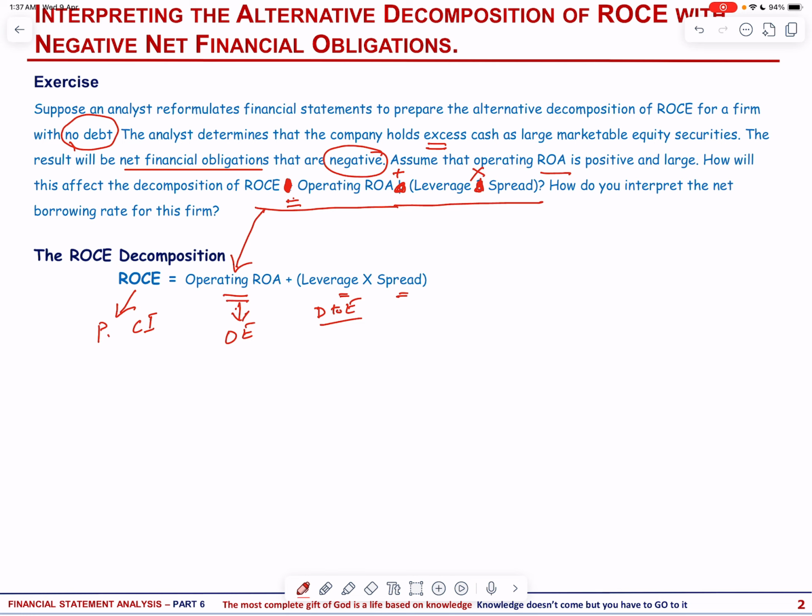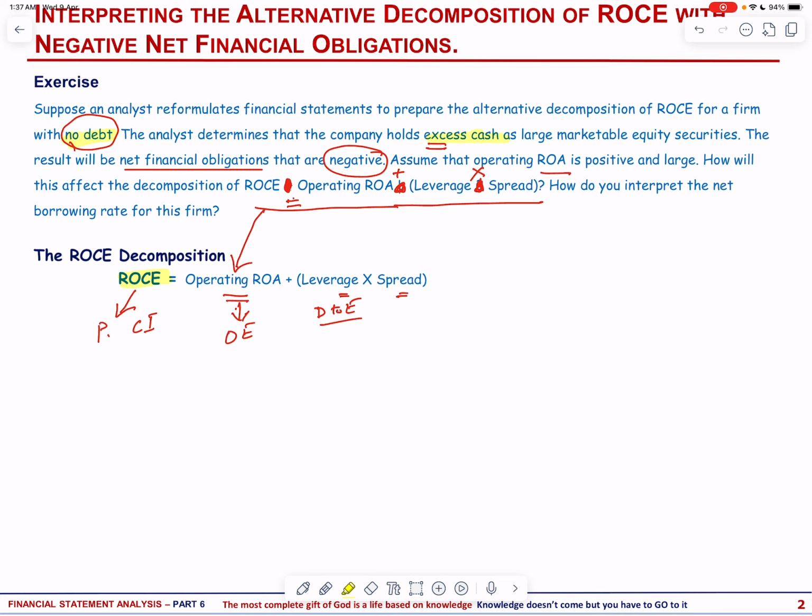Now, if a company has no debt but holds excess cash, especially in marketable securities like equity investments, this can have a significant effect on ROCE decomposition.